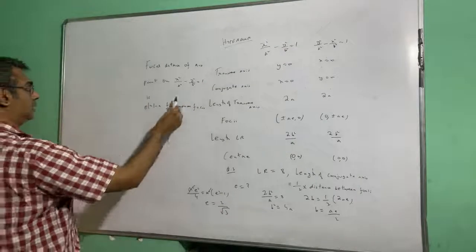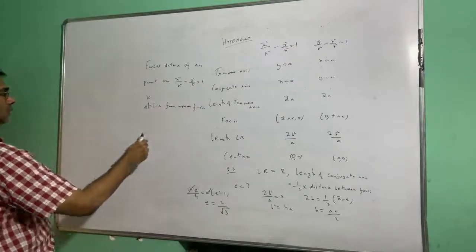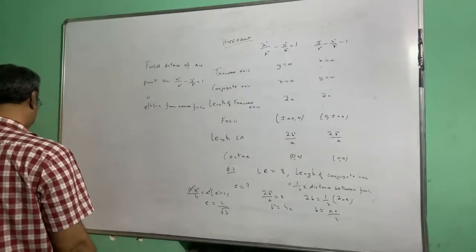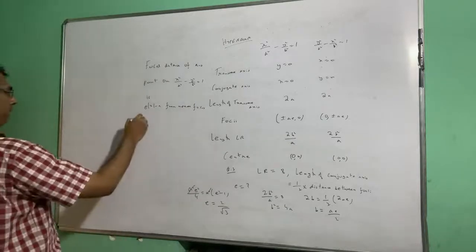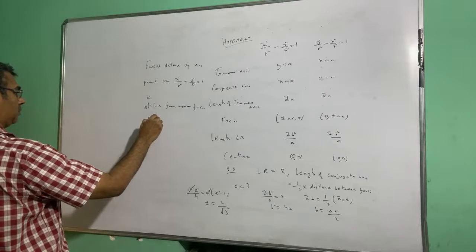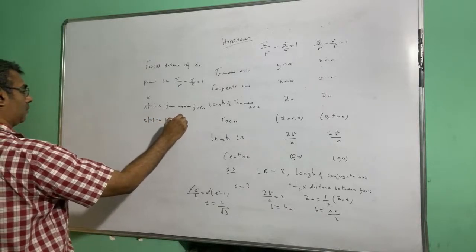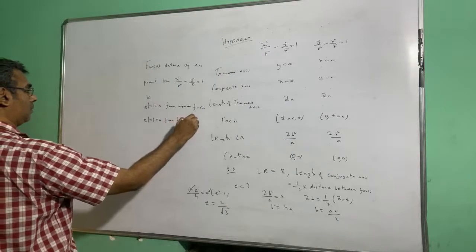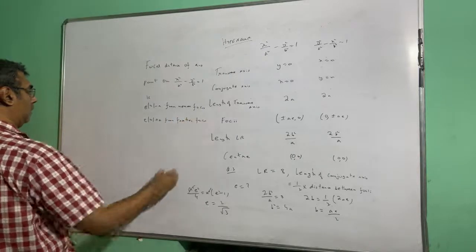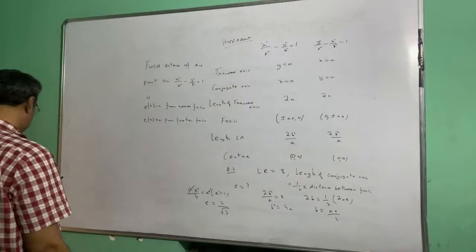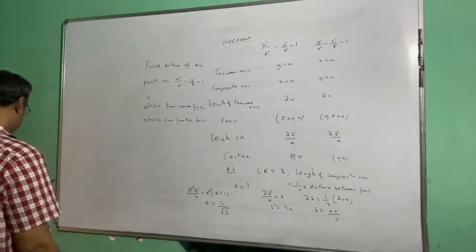So the focal distance of any point on this is e mod x minus a from the nearer focus, and e mod x plus a from the farther focus.